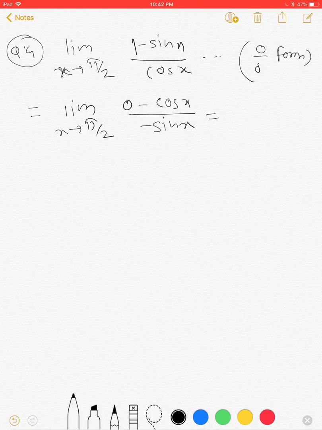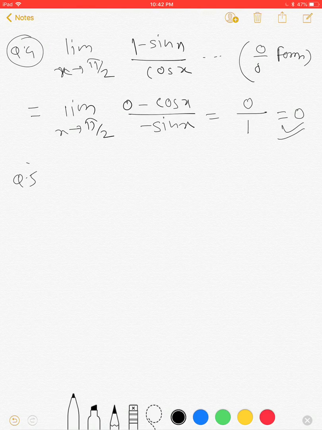This becomes cos of pi by 2 upon sine of pi by 2. Cos of pi by 2 is 0, sine of pi by 2 is 1. So this is 0 by 1, and 0 by 1 is nothing but 0. So our correct answer is this.